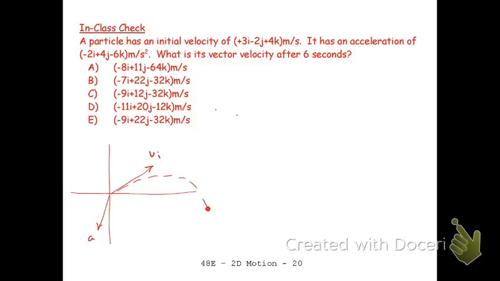It may be that at t equals 6 seconds I'm here, and my v final is there. All I can say for sure is that throughout this journey I have this constant acceleration. It's a constant acceleration, or else I can't use these equations, and it's going to have an effect, something like that.